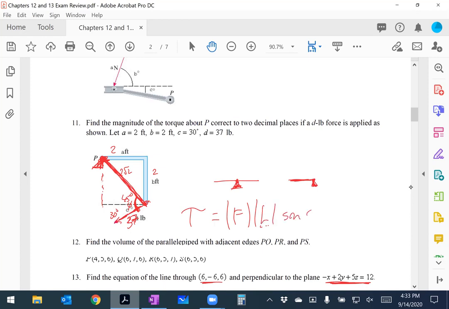And the sine of theta. Well, what's the force? The force is 37. What's the lever? The lever is 2 radical 2. And what's the angle? The angle is the 45 plus the 30, which is 75. And that should all come out to be 101.09 foot-pounds.